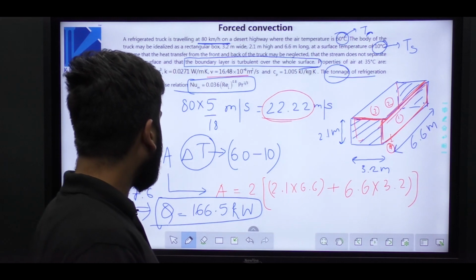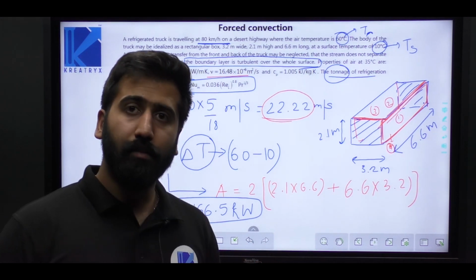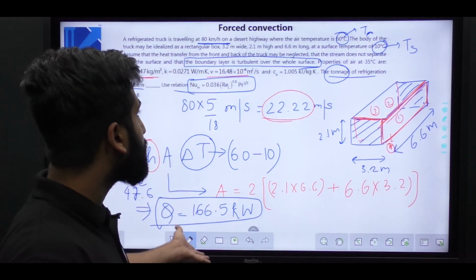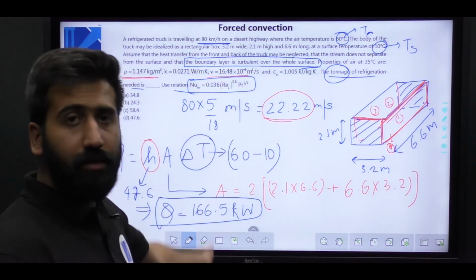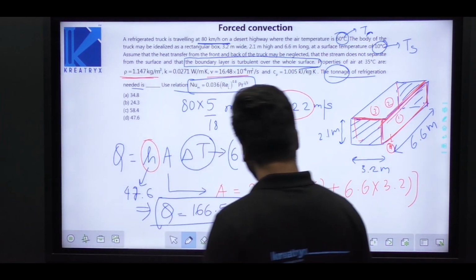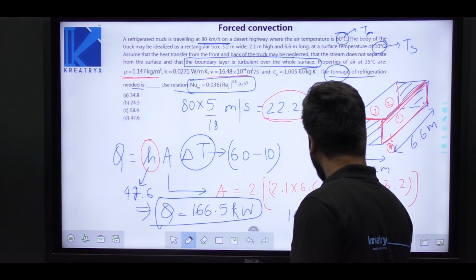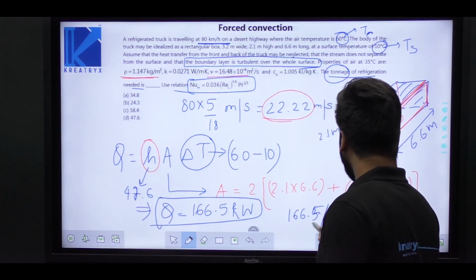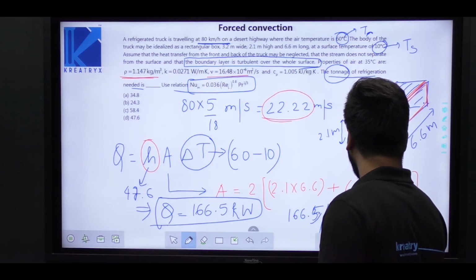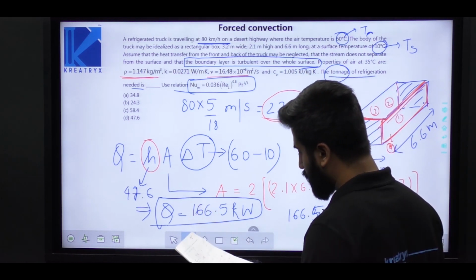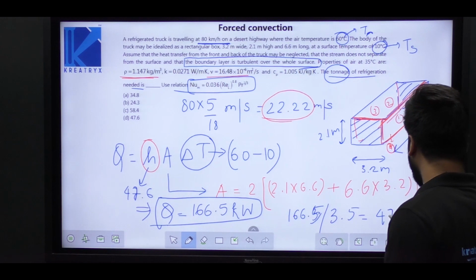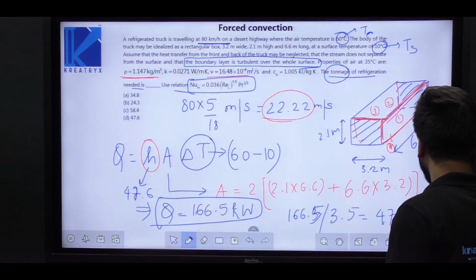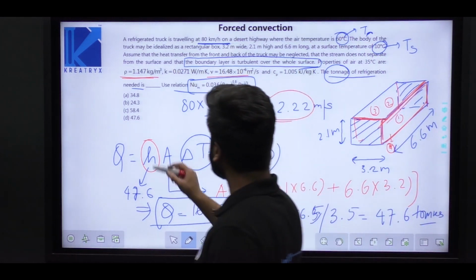This is the heat which should be supplied by the refrigerator, and that implies the tonnage of refrigeration that is required is this divided by 3.5. 166.5 divided by 3.5 will give you 47.6 tons of refrigeration. Okay. 47.6.